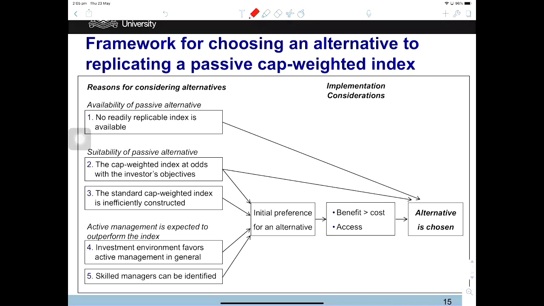Think about the table we discussed in lecture 2 of different investors and objectives: individuals, fund managers, insurance companies, endowment funds, superannuation funds, DB, DC funds. Of these investors, who would not usually hold a passive index, or for whom the passive index is probably not appropriate for their objective? Anyone?